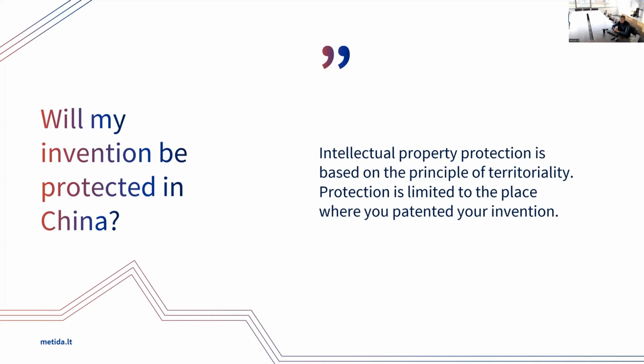It means that if we have a patent, for example, in the United States, we have protection in the United States, and protection means that people cannot manufacture, cannot sell, cannot represent, cannot resell, cannot import such kind of products of the invention to this market.